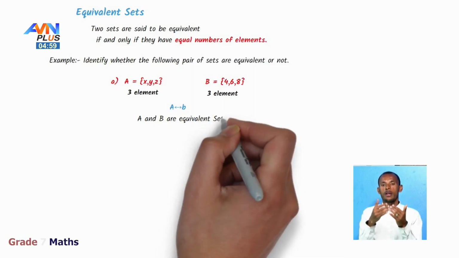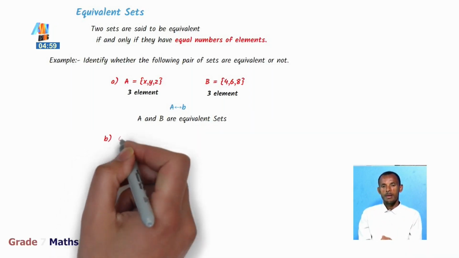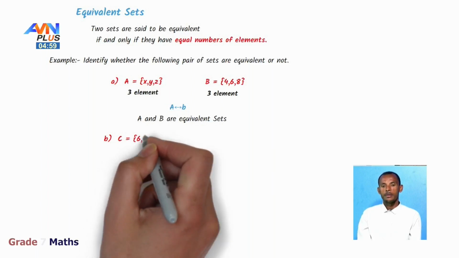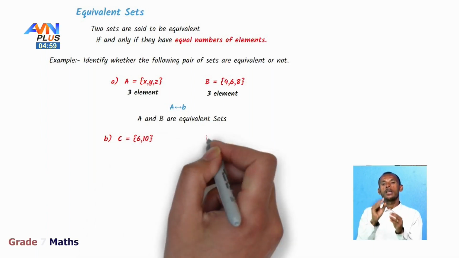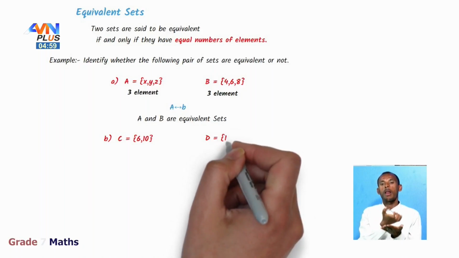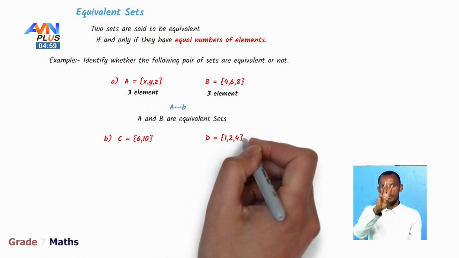Now let's proceed to another example. Assume here set C contains the elements 6, 10, and set D contains the elements 1, 2, and 4.